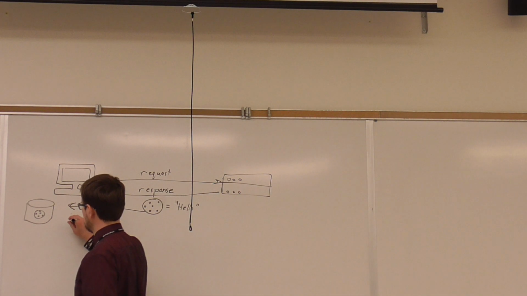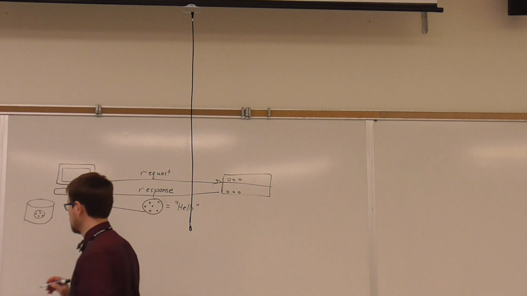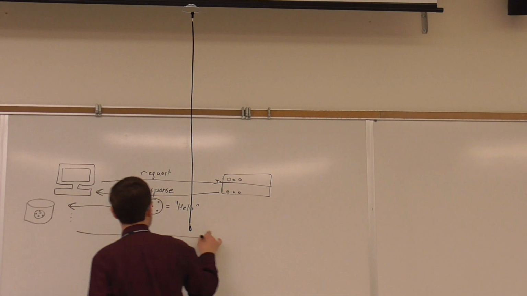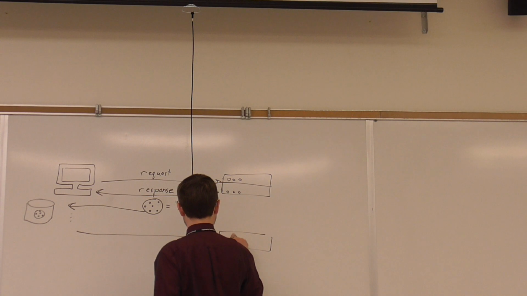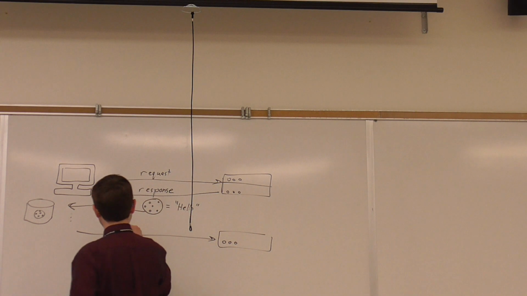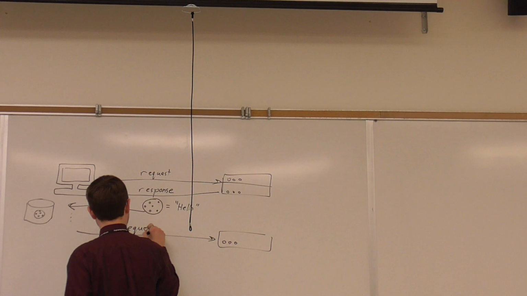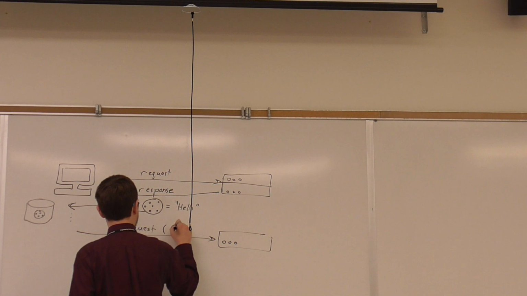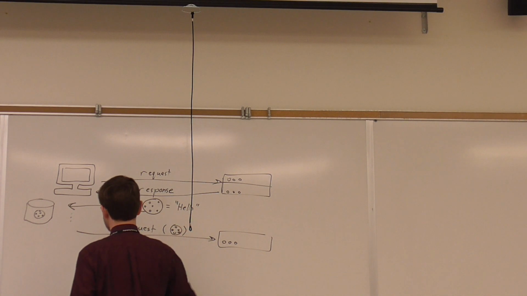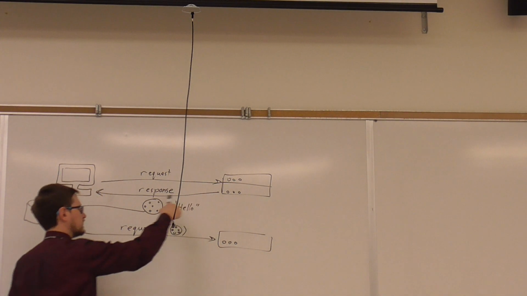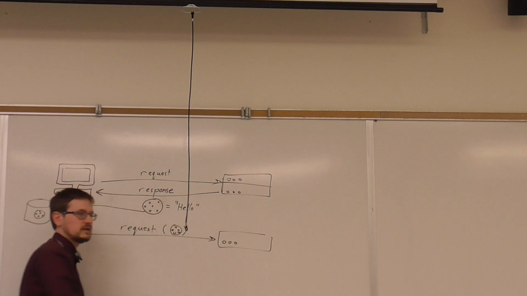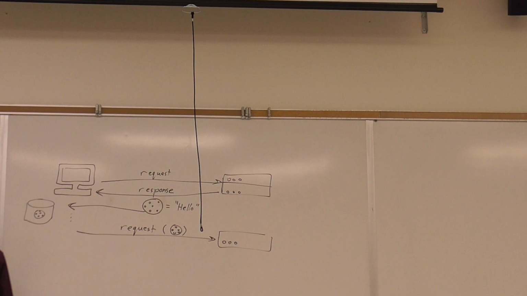Then, time passes. The client initiates another request from the server. The request will always include the cookie that was sent. Any cookies that apply to this server are sent automatically in any request packet.